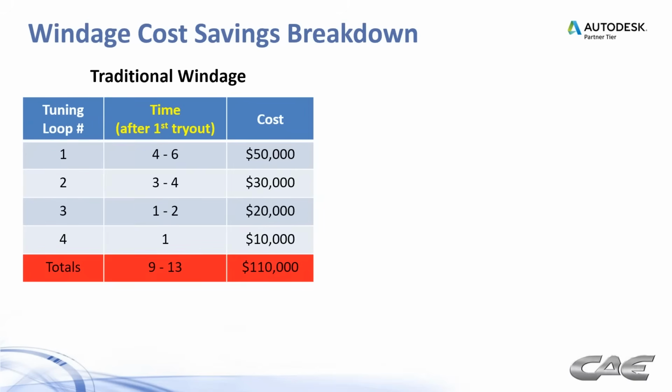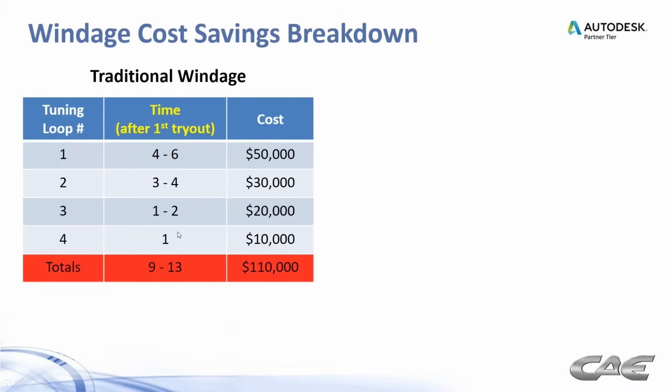What's the cost savings of this? Traditionally, here's what you would see happen without using simulation. And pay attention to that center column there. This is what happens after the first tryout. So we're already late in the game here, and everybody's expecting things to happen. They're putting pressure on you to get parts and so forth.